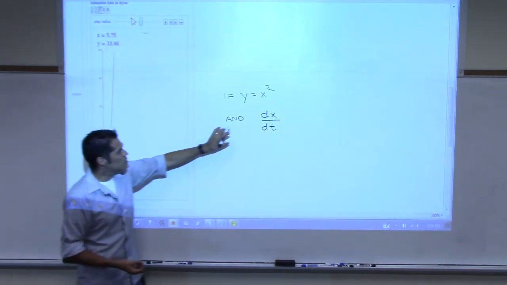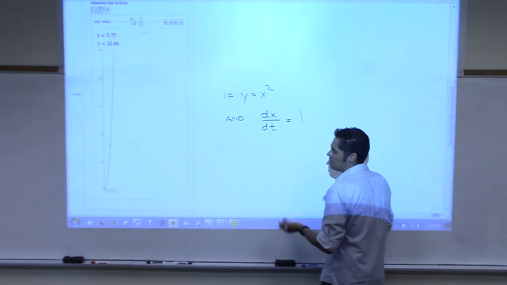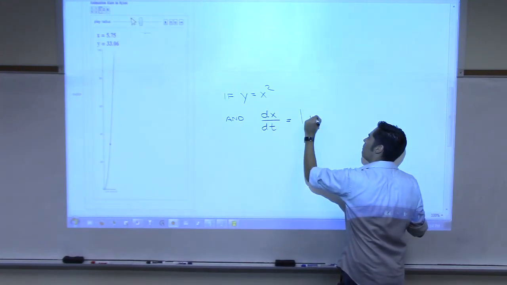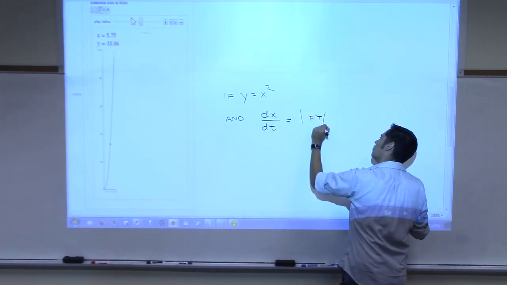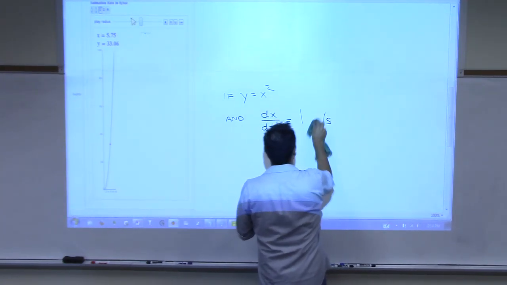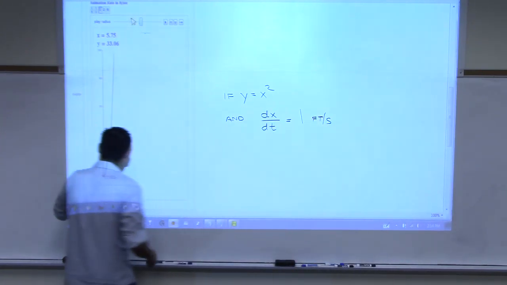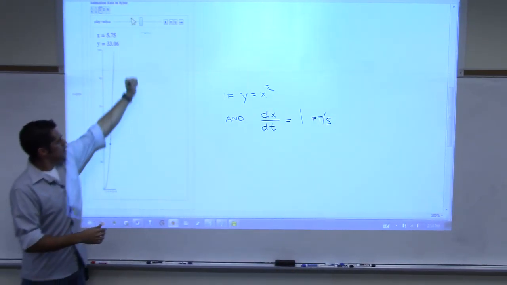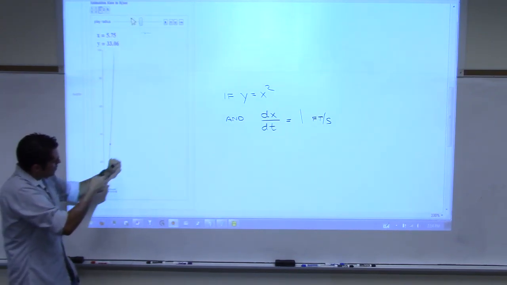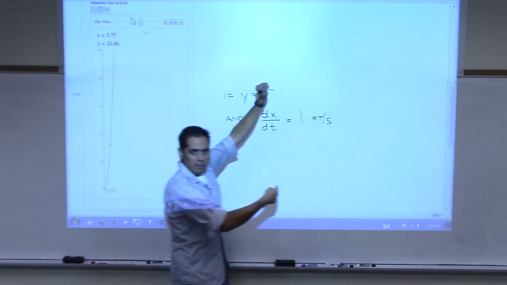So I'm telling you the derivative, the change, is 1, and I don't have a unit of measurement here, so let's just use feet. 1 foot per second. So I'm drawing this parabola in a way that, if you just focused on my direction of the x, the x is growing at a constant rate of 1 foot per second. Understand?